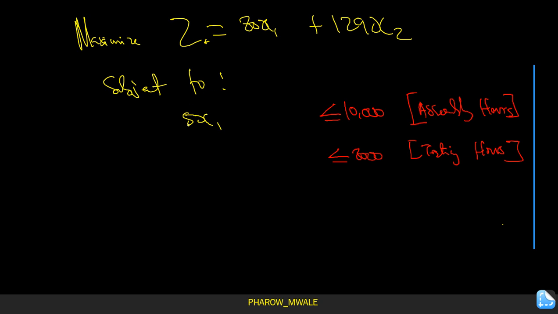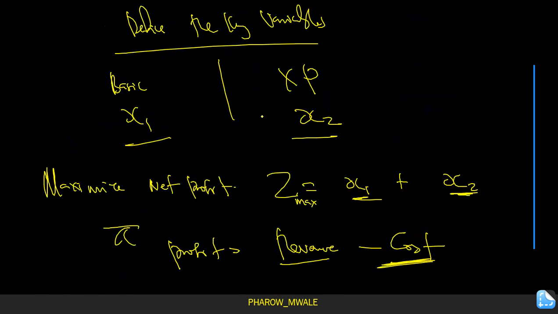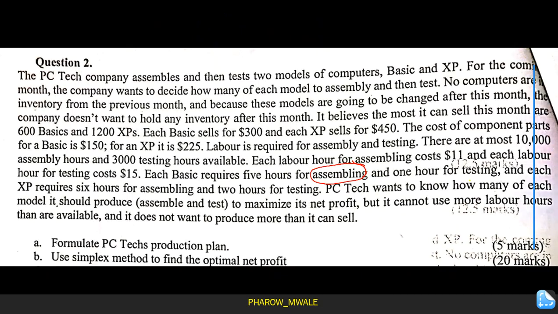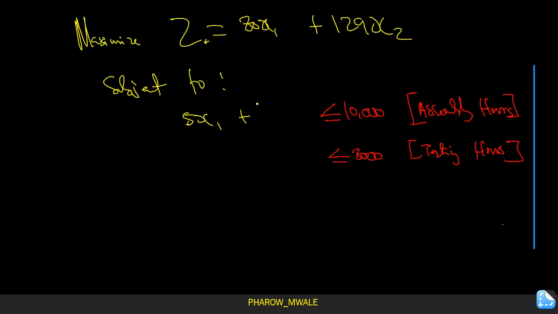So this is the number of hours per computer to assemble times the number of computers, the quantity, which will give us the total number of hours we can spend on assembling basics, plus the number of hours, and each XP requires 6 hours for assembling. So we also need to find the total number of hours we're going to spend assembling XP computers. So we are done with assembly hours.